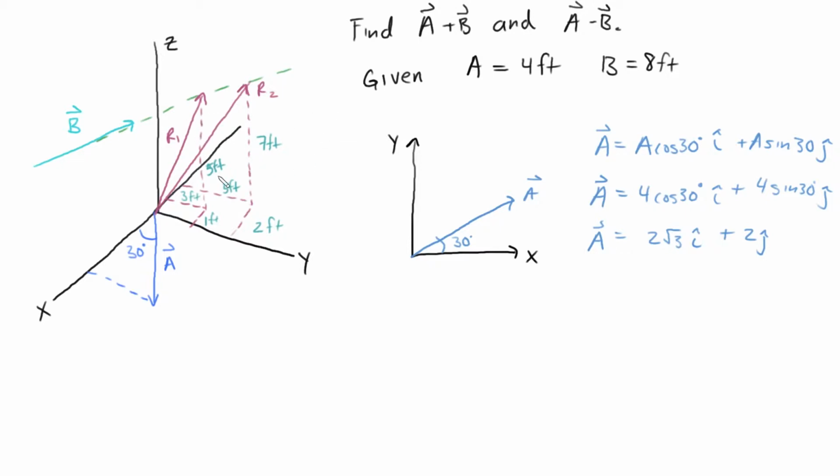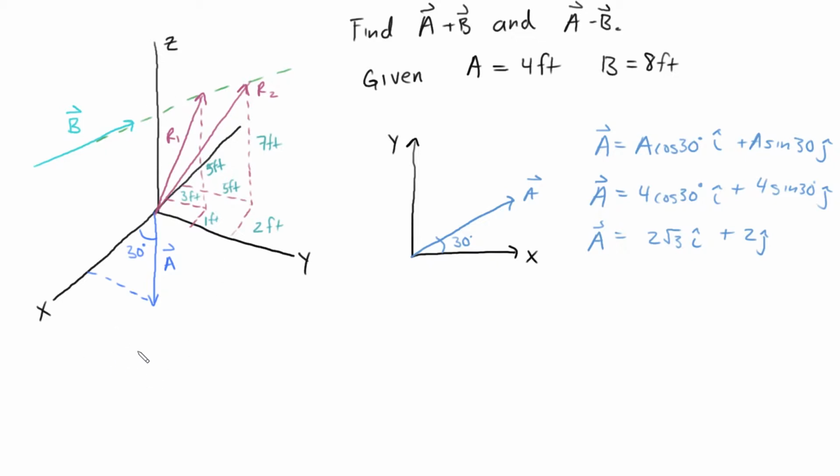What's nice about this problem is that we were given these two vectors r1 and r2, which point to this line and lie on this green dashed line. So we could use this to find a unit vector and then multiply that unit vector by the magnitude of b to find the vector b.